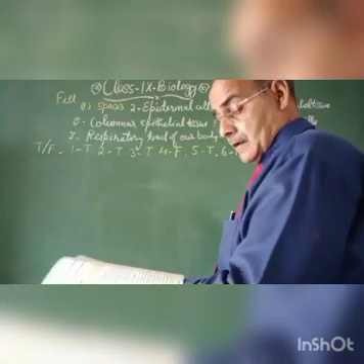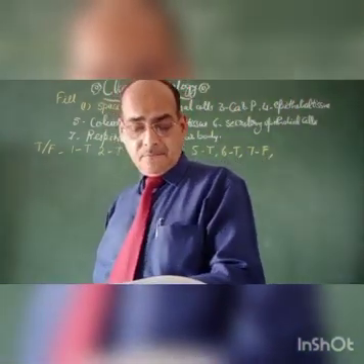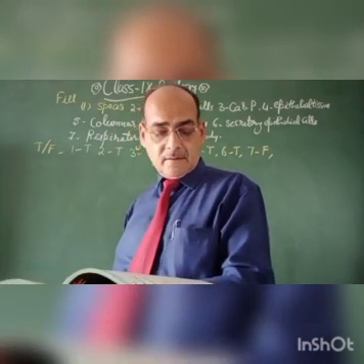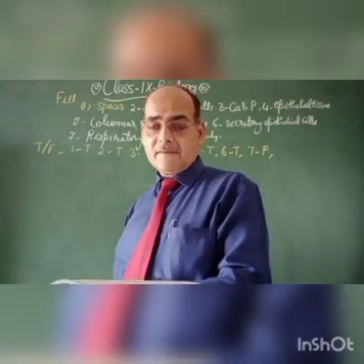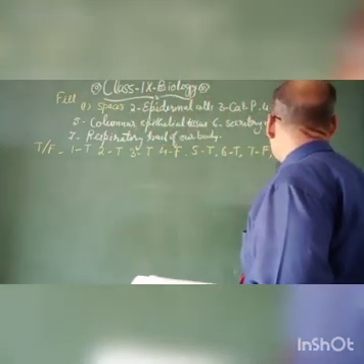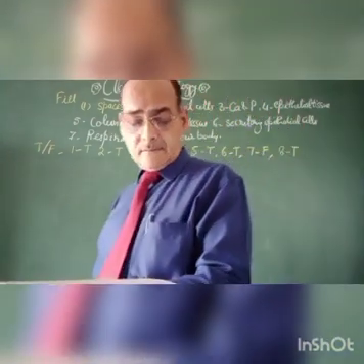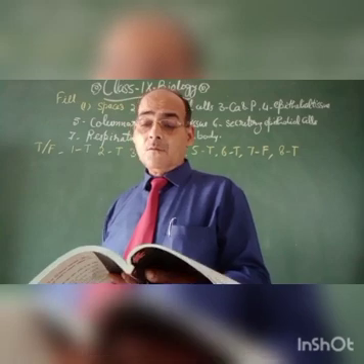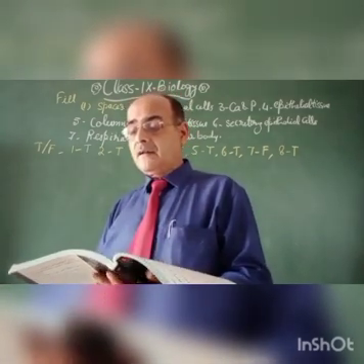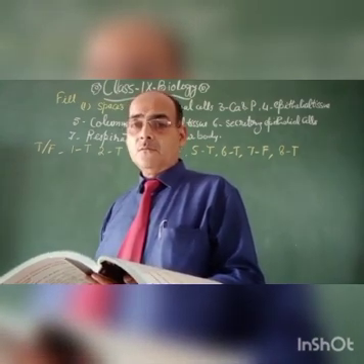Now 8: a neuron consists of a cell body with a nucleus and cytoplasm from which long thin hair-like parts arise. That is true. 8 is true. Now come to 9: the movement of food in the alimentary canal or the contraction and relaxation of blood vessels are involuntary movements.